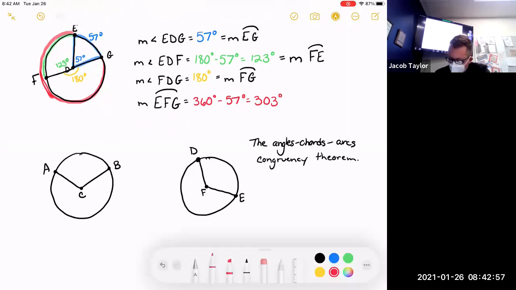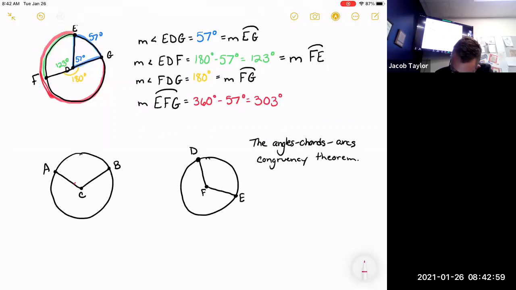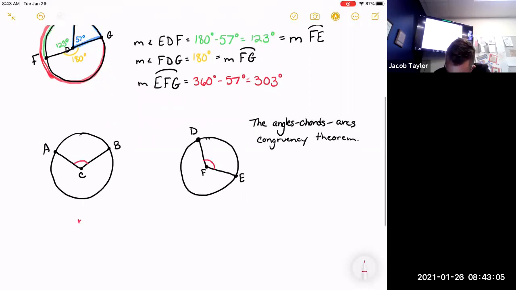If I have two central angles that are congruent, so we'll say angle ACB and angle DFE are congruent, that means that their intercepted arcs must also be congruent.